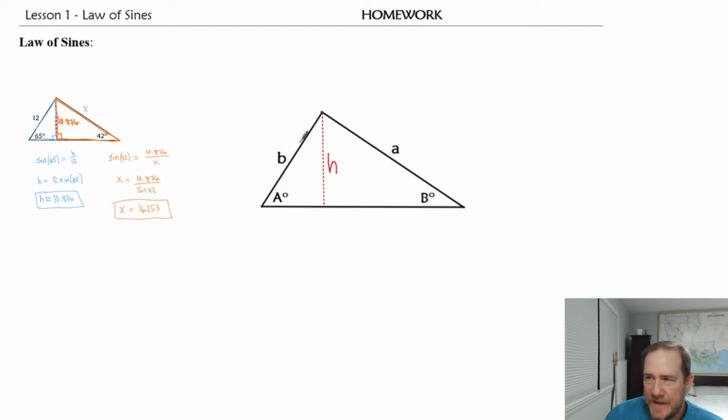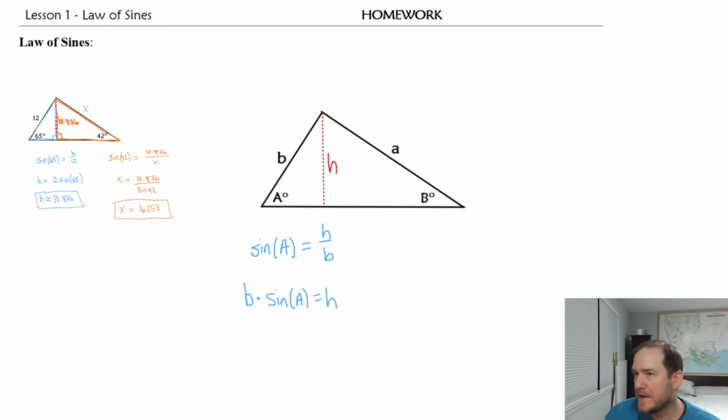But the deal now, again, is focus on those two triangles. In the triangle on the left, we've got opposite and hypotenuse, so we can see that the sine of angle A must be equal to the height divided by side B. And if I multiply both sides by side B, then B sine A is the height.